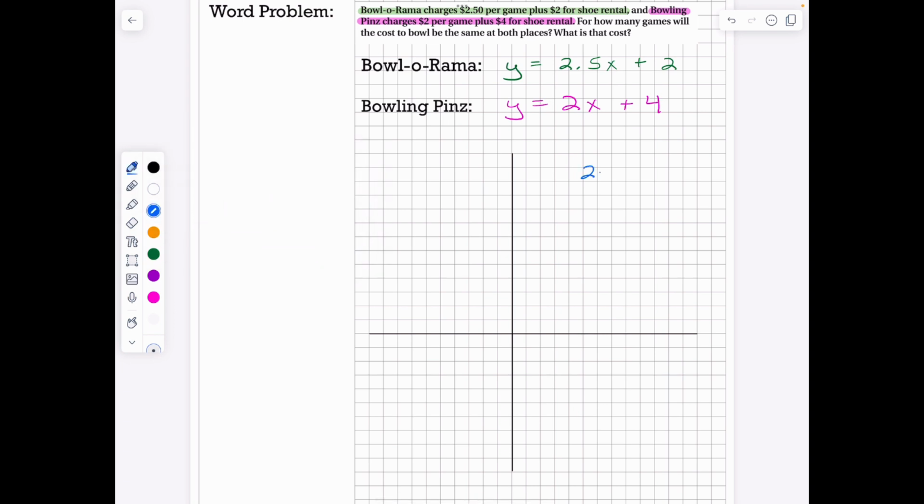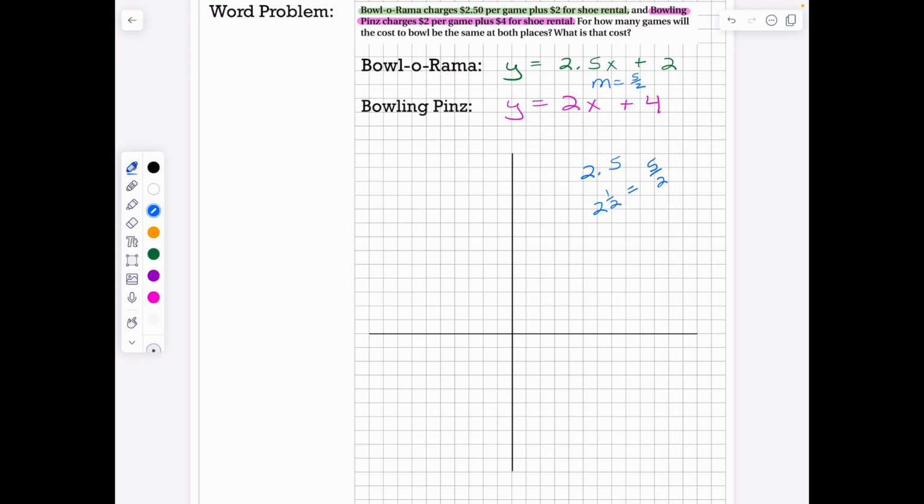If my slope is 2.5, I first write it as a mixed number, then change that mixed number to an improper fraction. The denominator times the whole number, that's 4, plus 1 is 5. That's going to be 5 over 2.